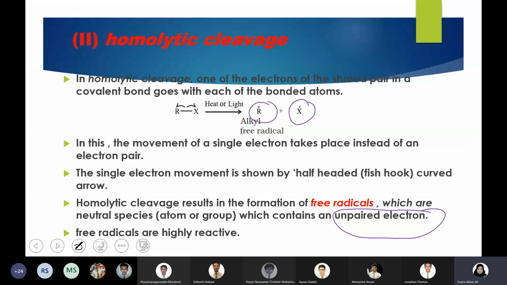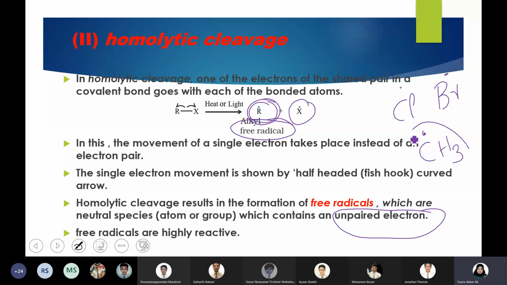Such species or fragments which contain one unpaired electron are known as free radicals. Chlorine can have a free radical, bromine can have a free radical. We just represent it with one dot above. But if an alkyl fragment, for example CH3, which is methyl, has one dot, a free radical, then we call it an alkyl free radical.